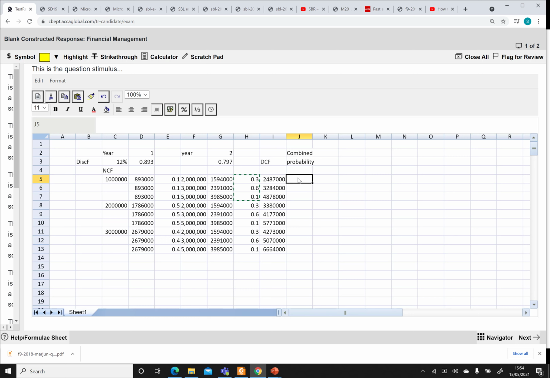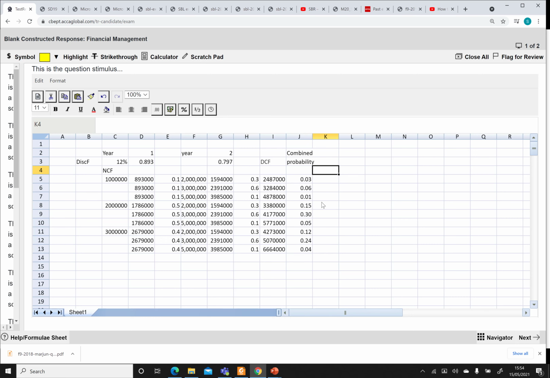Okay, so now we've got the combined probabilities of 0.1 times 0.3, and we've been able to get that in, drag it down, and we can now go to a certain number of decimal places, and that then helps us.